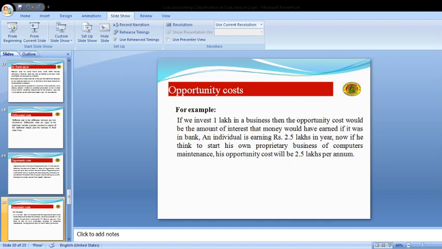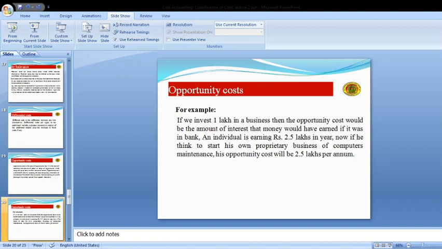Now if you are getting commensurate benefit, you should take a decision to do MBA. Otherwise, maybe you can go for a part-time MBA where your fees is a cost, but you are not losing on your job or your salary. So that is how, for making a variety of decisions, we need to consider the benefit which you have lost, and that is called an opportunity cost.